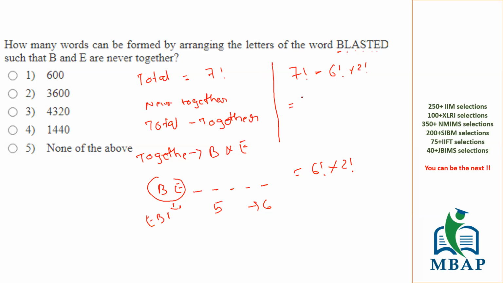So 7 factorial is 7 into 6 factorial minus 6 factorial into 2. You can take 6 factorial common. 7 minus 2 is 5. Yes. So Dhanashri has got the answer 3600.